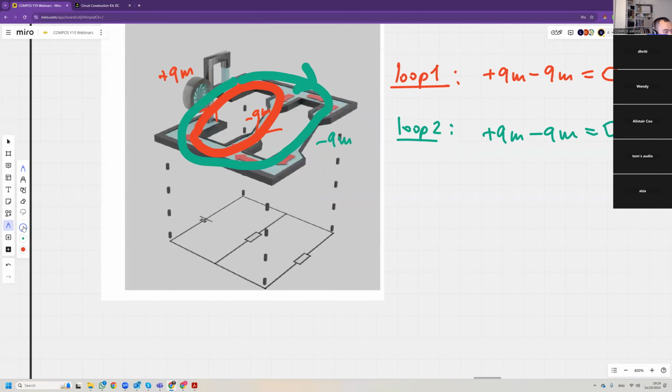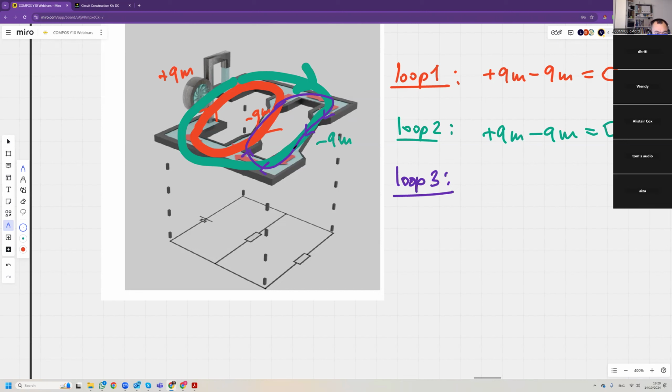Now loop 3 is the trickiest of all. What color should I use? Okay, purple. So it's this one. You're going around the loop this way. So here, as you go down, you lose minus 9. So loop 3.